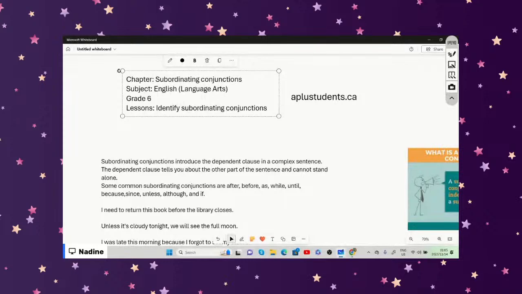The subject is English, which is also language arts. Grade 6. And the lesson that we are going to be focusing on today under this chapter is to identify subordinating conjunctions.